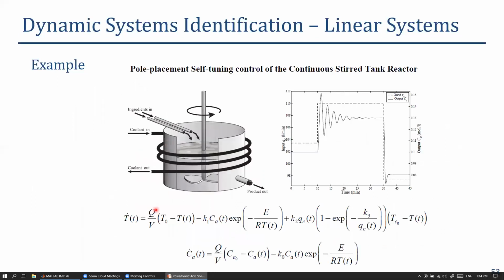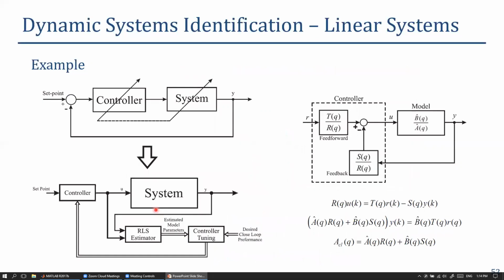So we have a chemical reactor, which means that the properties of the reactor change with the operating point, right? So if we tune a controller for one operating point, it will work at that particular operating point.